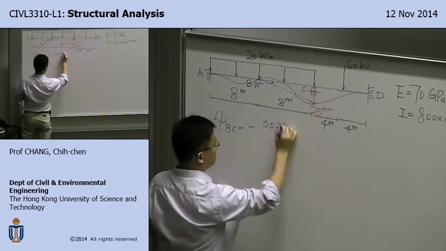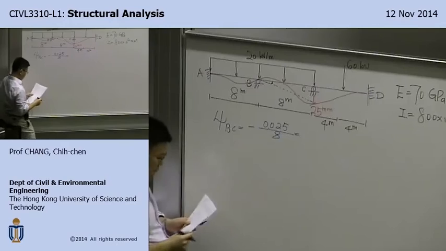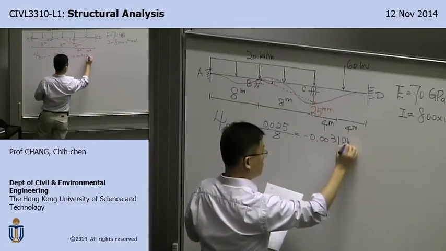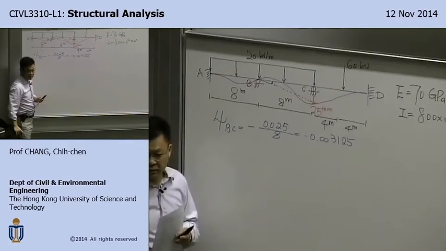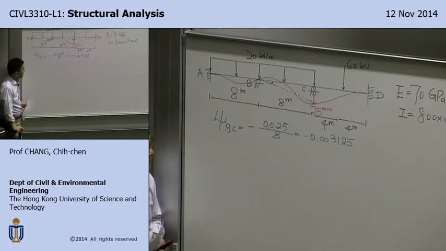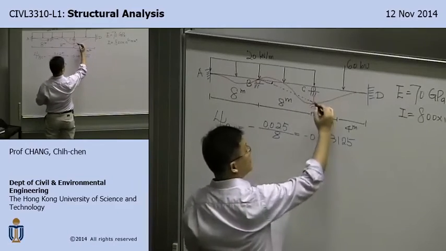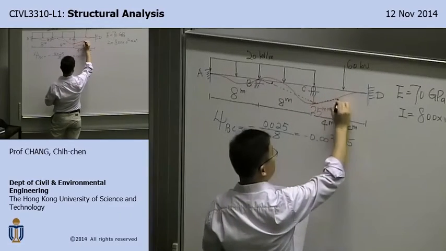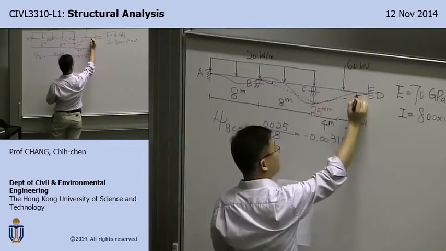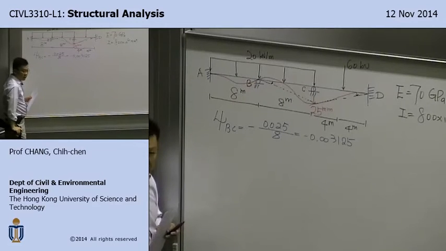(25 millimeter) over the length of 8. So that's the rigid body rotation angle. Same thing, if you connect CD, the deformed shape CD, here is your rigid body rotation angle, and that is counterclockwise.